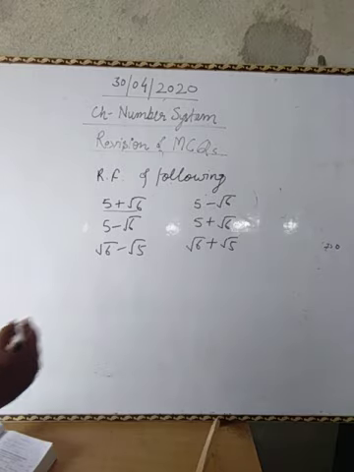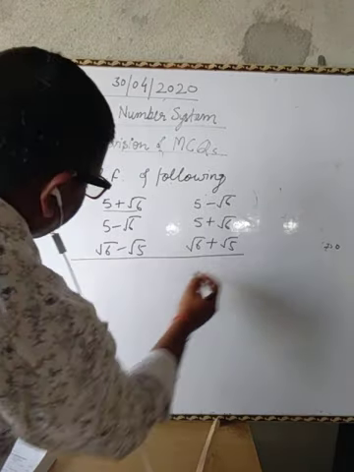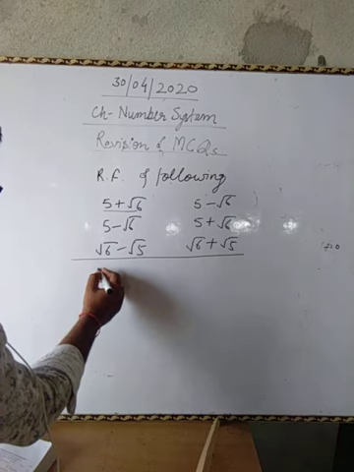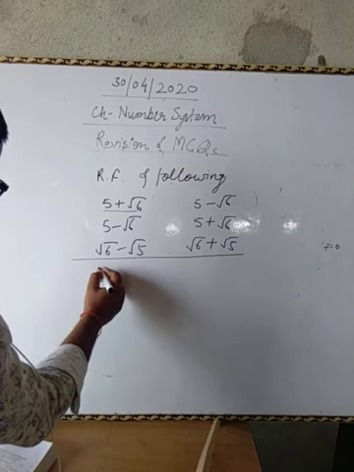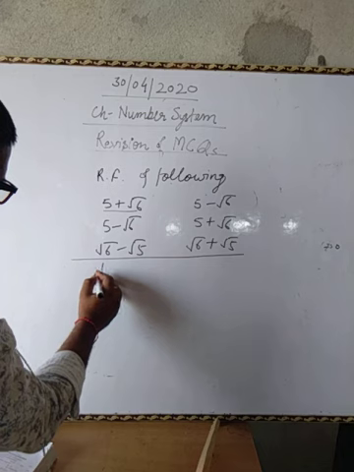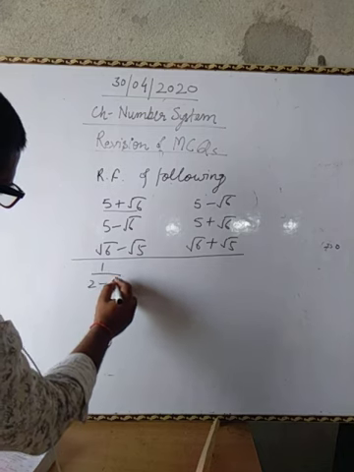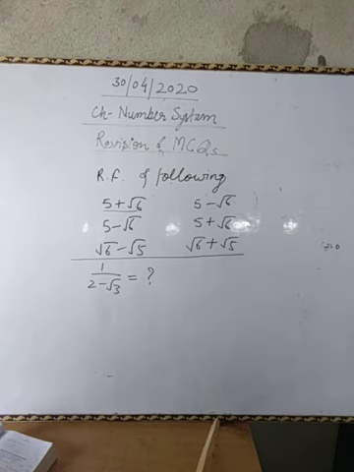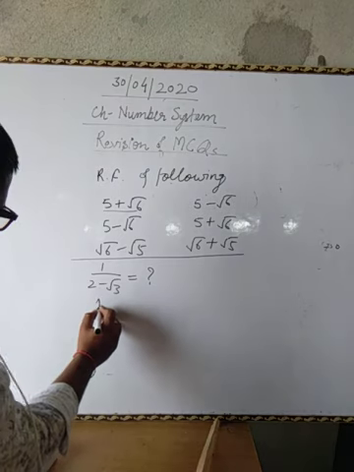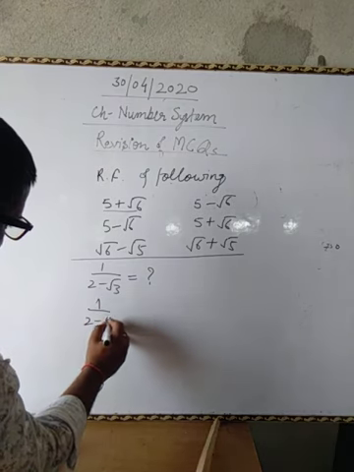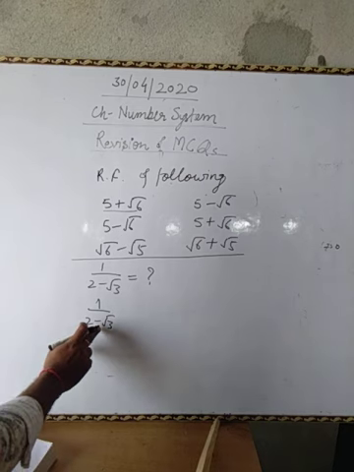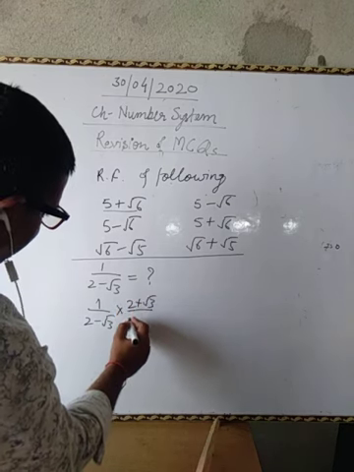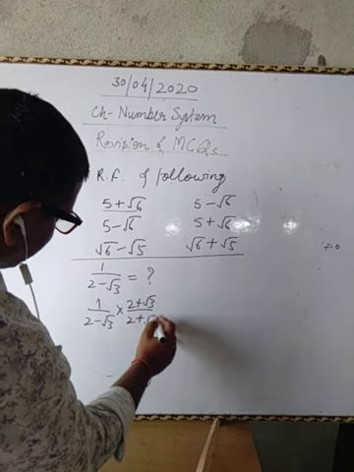If I am asking one more, the result of 1 upon 2 minus root 3 equals what? To find out, you have to rationalize 2 minus root 3. The rationalizing factor of 2 minus root 3 is 2 plus root 3, and we multiply numerator and denominator by 2 plus root 3.